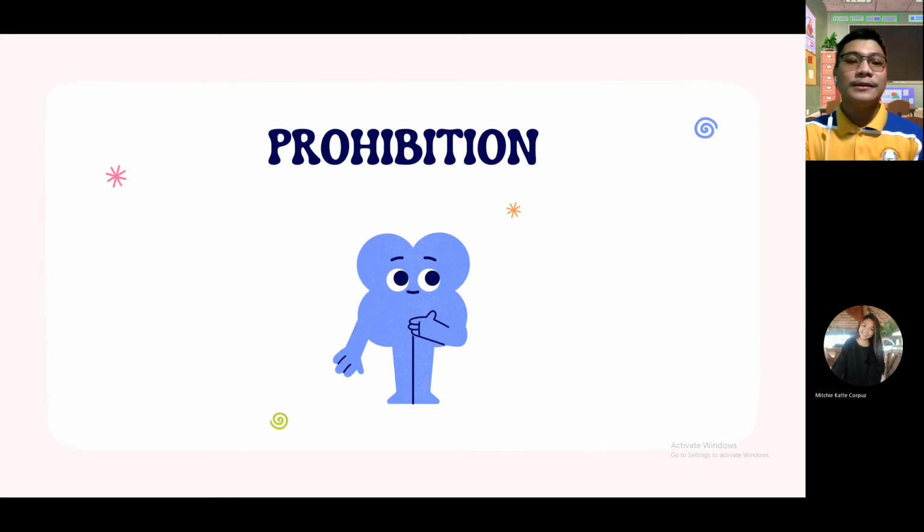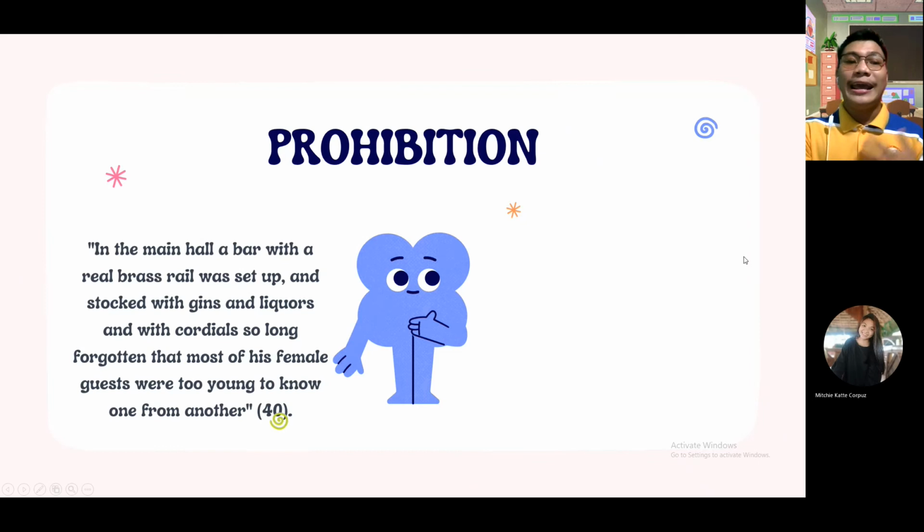"In the main hall, a bar with a real brass rail was set up and stocked with gins and liquors and with cordials so long forgotten that most of his female guests were too young to know one from another." According to this quote, it was very common to have alcohol at parties, especially luxurious parties like the ones that Gatsby held at his mansion.